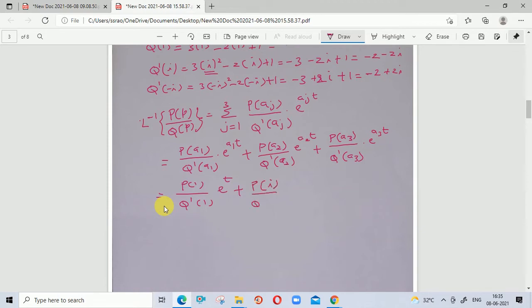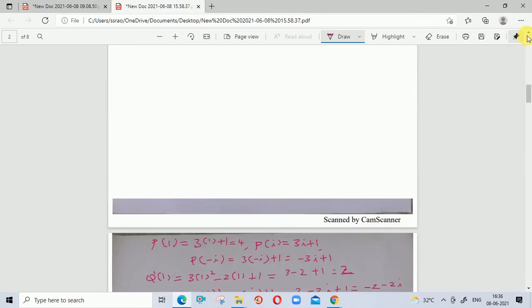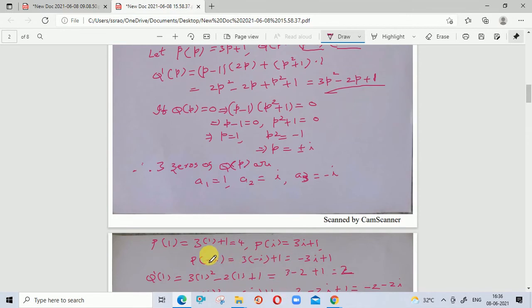In a2's place we write i. Next, P of a3, that is P of minus i, divided by Q dash of minus i into e power minus it. Okay? So that is equal to P of 1. What is the value of P of 1? P of 1 is equal to 4. Q dash of 1 is equal to 2. Therefore 4/2.